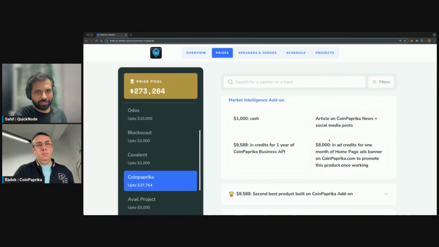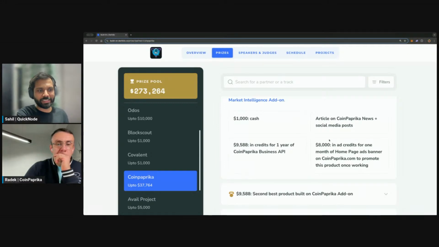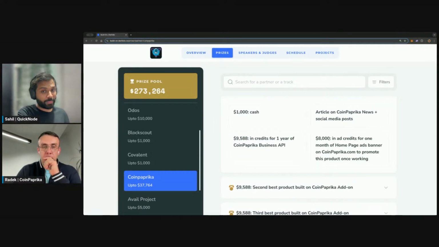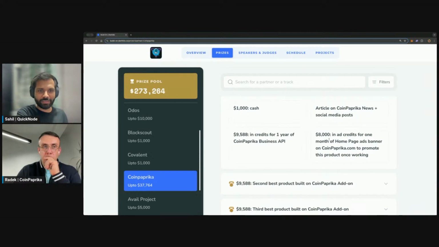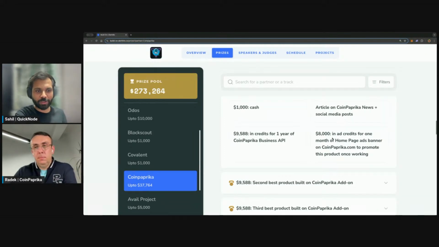They'll also get $9,588 worth of credit for CoinPaprika's business API tier for 1 year, and $8,000 in advertisement credits for CoinPaprika.com homepage banner ads, which they can use to promote their products once they have them working.